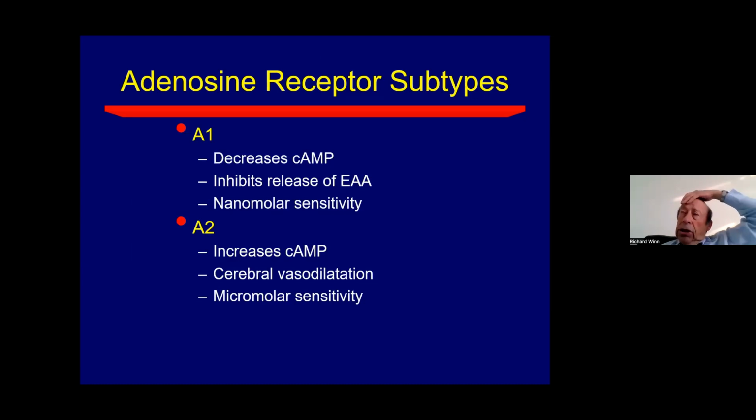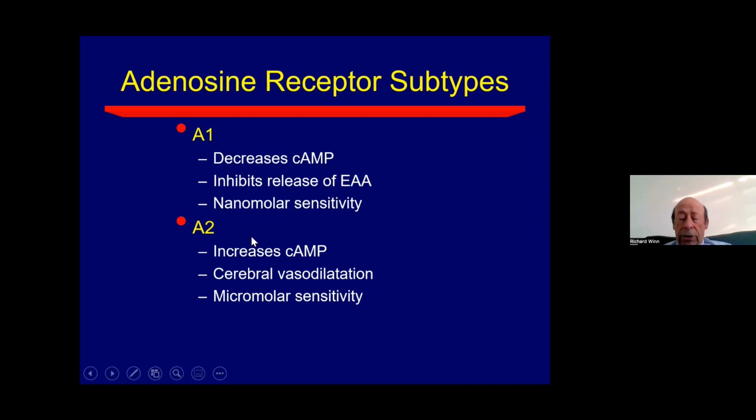So this again suggests that maybe ATP is not a regulator. And in addition, others defined during the same period of time that adenosine had specific receptors. The A1 receptor was in the nanomolar sensitivity range. It caused a decrease in cyclic AMP and inhibited the release of excitatory amino acids. That goes along with the fact that it regulates neuronal activity.